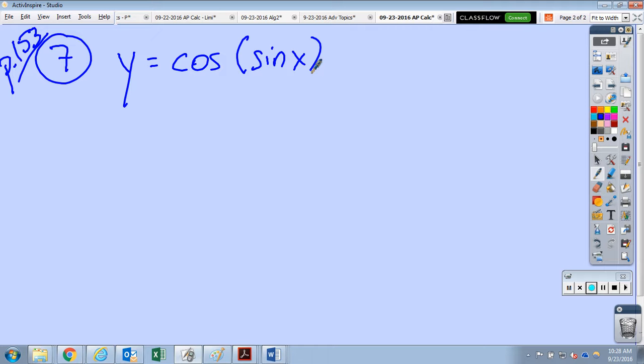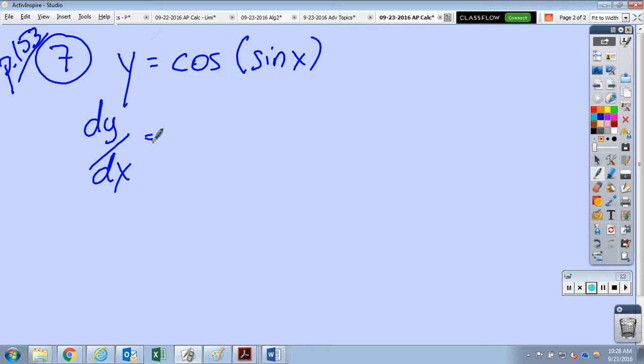So let's do 7. y is equal to cosine of sine of x. If we want to find dy/dx or y prime, the derivative of cosine in general is negative sine.